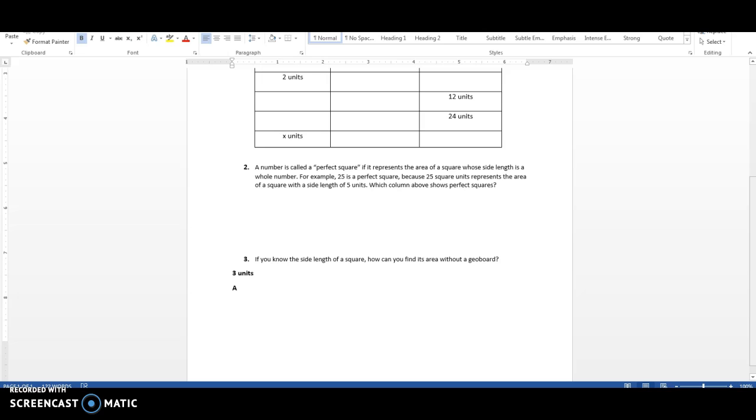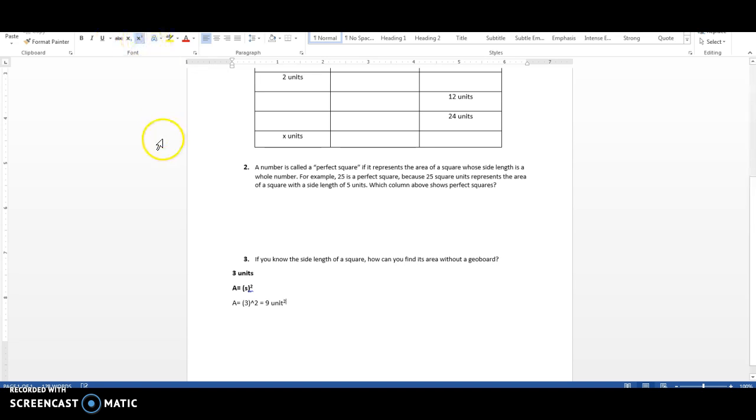We would say the area is equal to s squared. So in this case, our area would be equal to 3 squared, which is equal to 9 units squared.